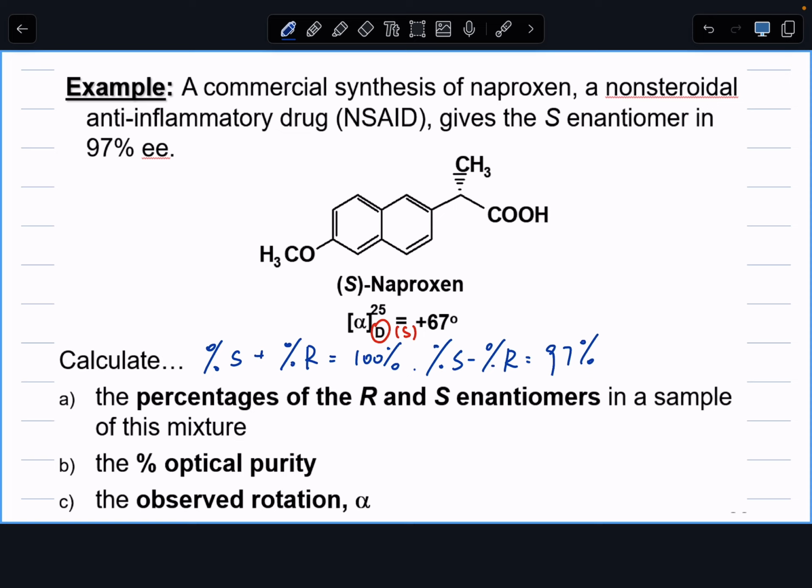Solving this relationship, you get percentage S being 98.5 and percentage R being 1.5. The other way to put it is you can add them together and divide by 2, and you get the percentage of the higher enantiomer.